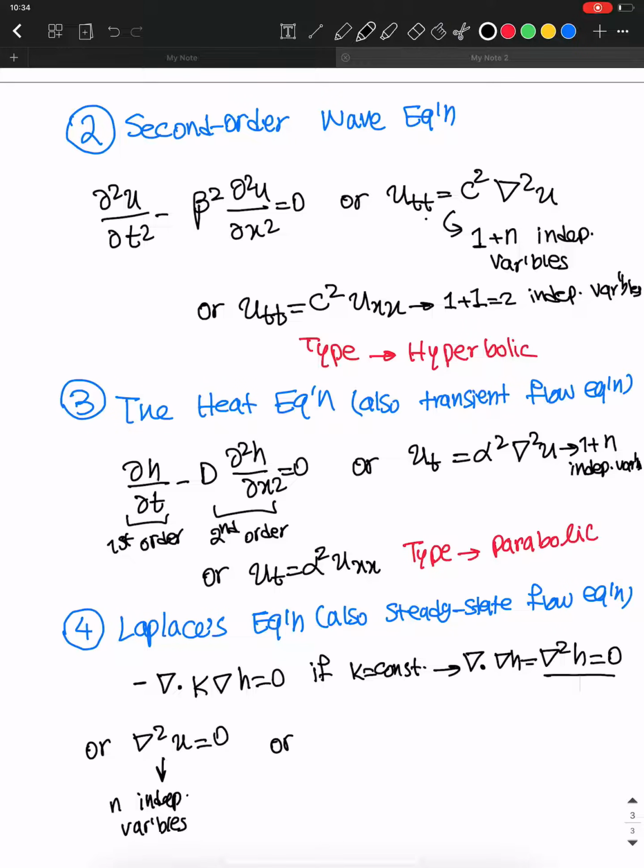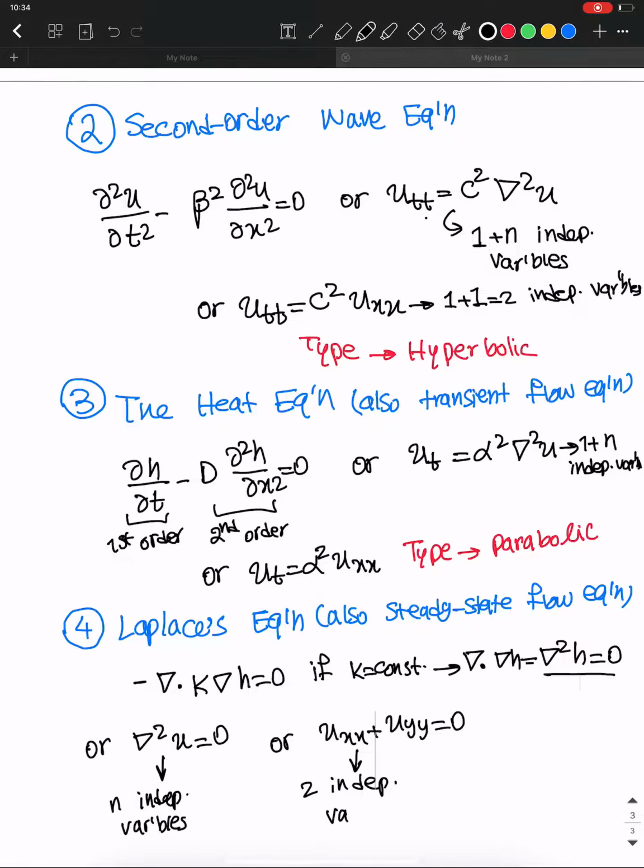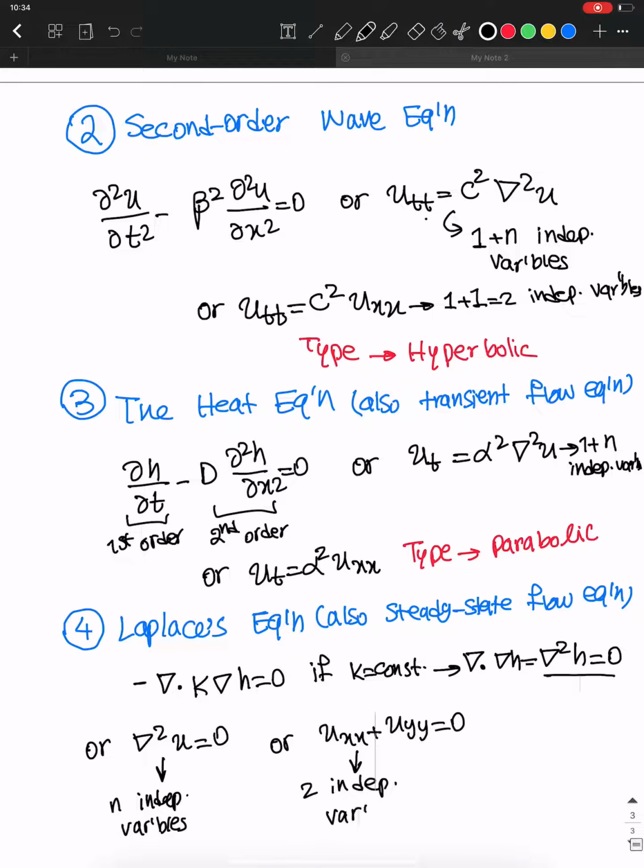Or in two dimensions, uxx plus uyy equals 0, with two independent variables. The type of this equation is elliptic.